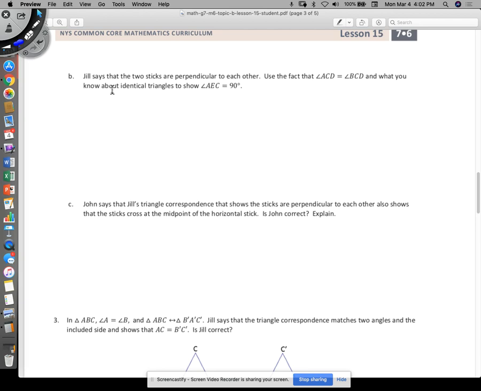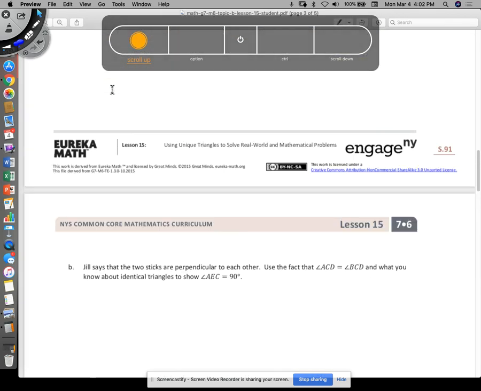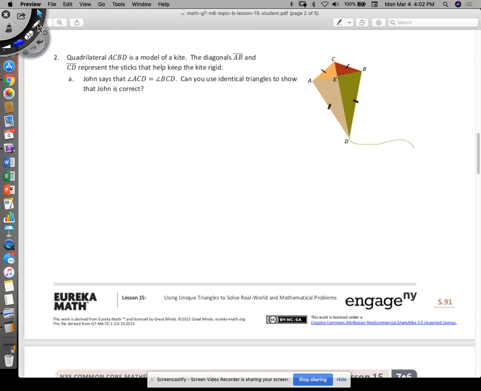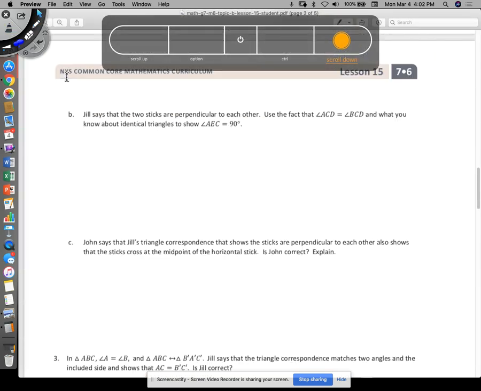So I'm going to go back up here to the picture. She is saying, okay, so she's trying to prove that you get a 90 degree at AEC. Is that a 90 degree angle? And how can we prove it? That's what we want to prove, is that that does come out to a perfect 90. All right, so now let's go back to the question.